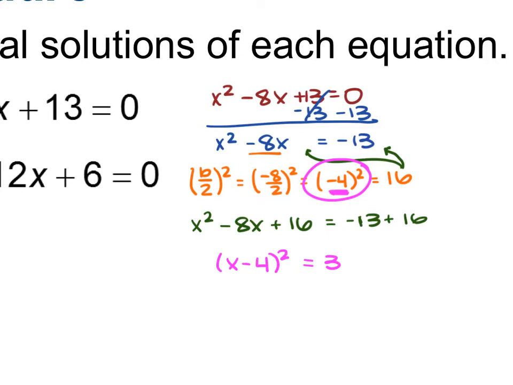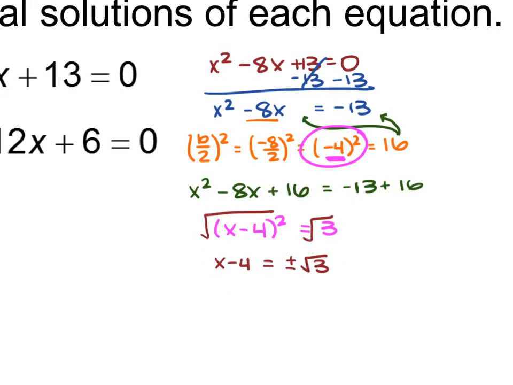From here, I solve for x. So I'm going to take the square root of both sides. I have x minus 4 is equal to plus or minus the square root of 3. Now, I just move the 4 over by adding it to both sides. And we have x is equal to 4 plus or minus the square root of 3.